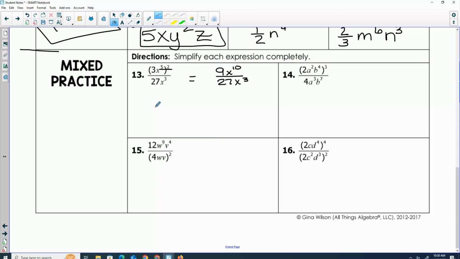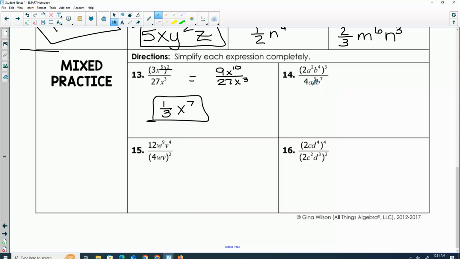Now we divide. 9 divided by 27 is 1/3. X to the 10th divided by x to the 3rd is x to the 7th. So, it's basically two problems. We work top and bottom, whatever we need to simplify like usual. The last thing you do is the division.